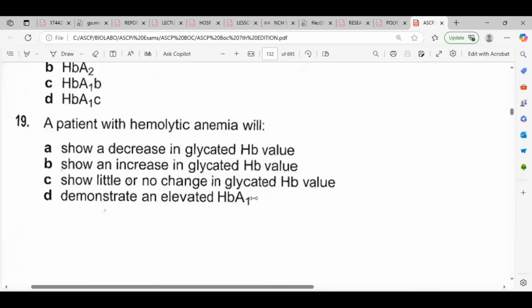What is the relationship between hemolytic anemia and blood sugar? So a patient with hemolytic anemia will show a decrease in glycated hemoglobin value, or an increase in this value, or little or no change, or demonstrate elevated HbA only, HbA1.